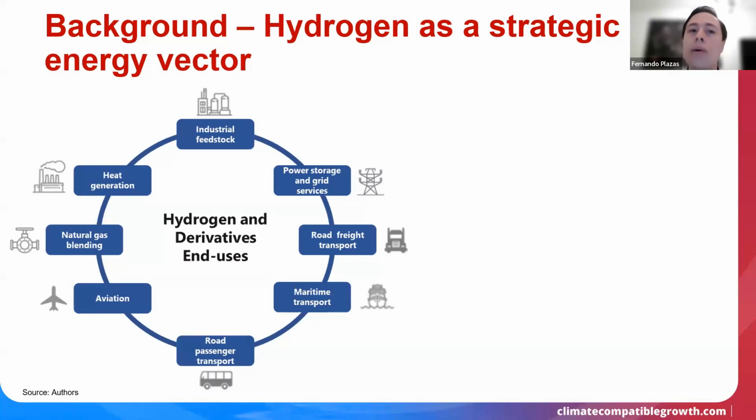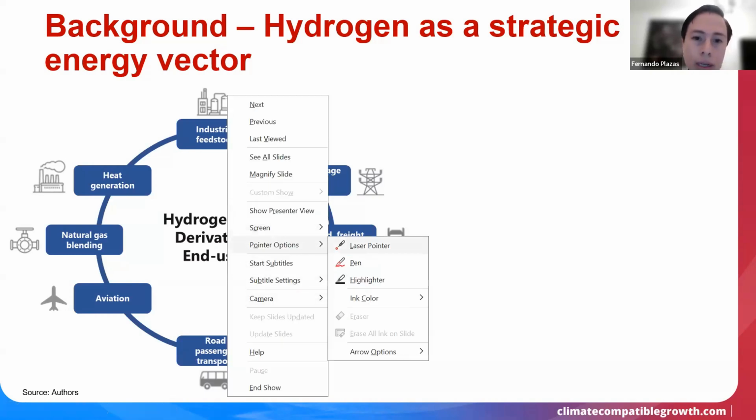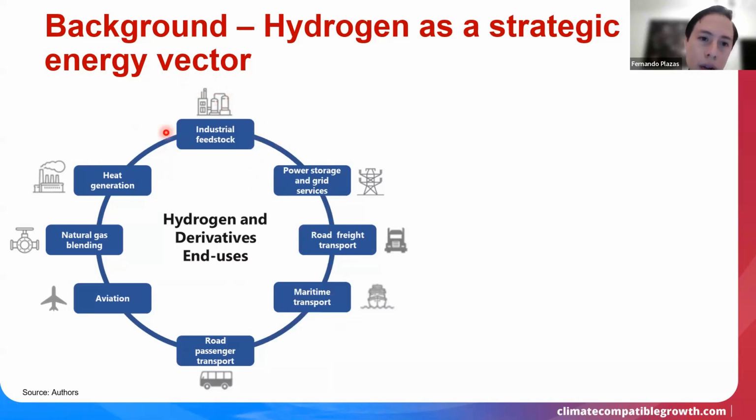That is right now the principal use of this material, essentially for what we know as petroleum refining. That's the first thing, and second, for fertilizer production. As we can see here in the image about the different uses of hydrogen, industrial feedstock is the most important use of hydrogen right now.